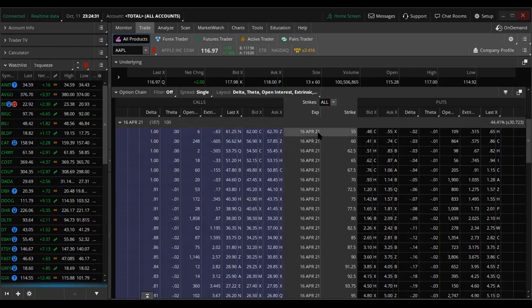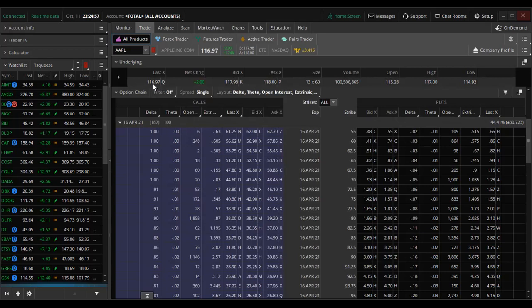Now, this expiration date is April the 16th of 2021, which is, in parentheses, 187 days in the future. The number right here in the parentheses represents the implied volatility number of the price of the stock.